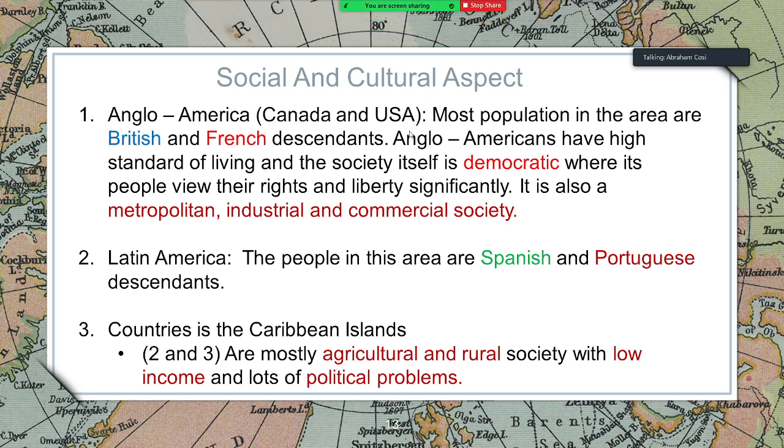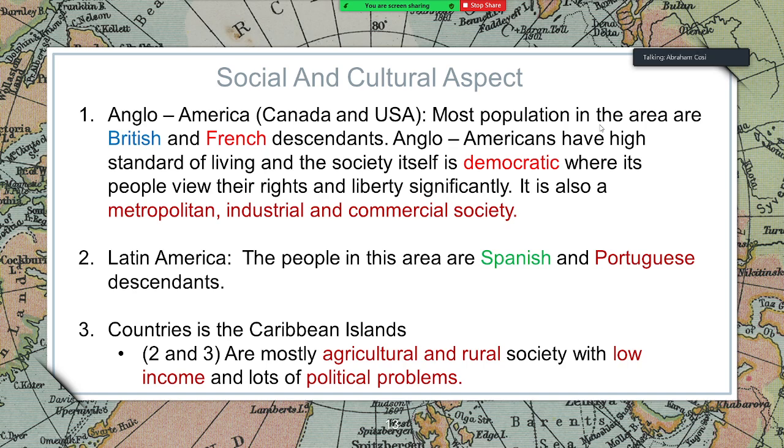Also, Anglo Americans have a high standard of living, and the society itself is democratic. You already discussed this in your lower levels, wherein people have freedom, rights and liberties to do things.